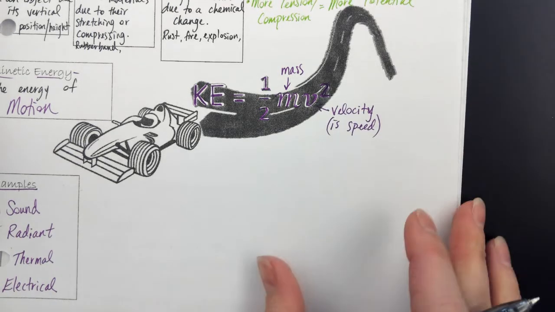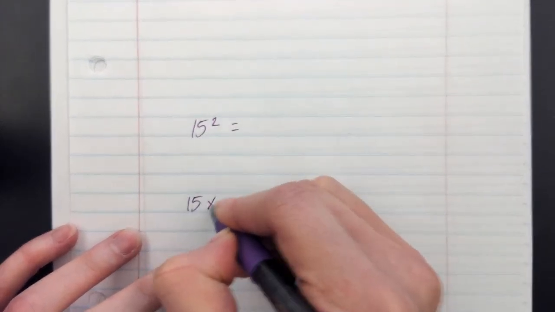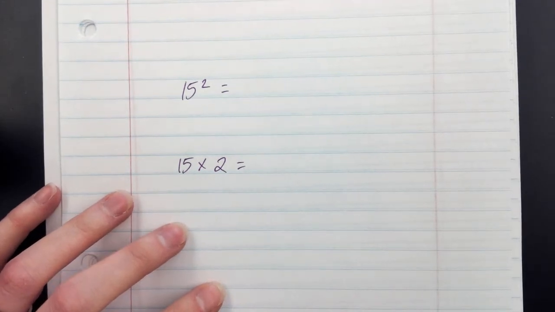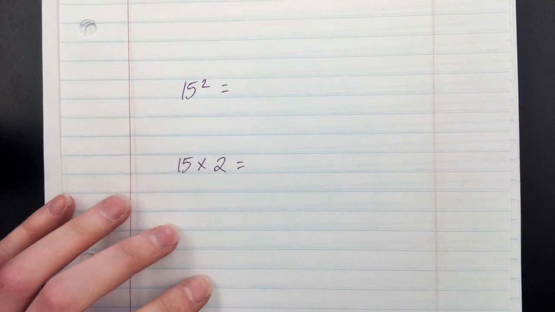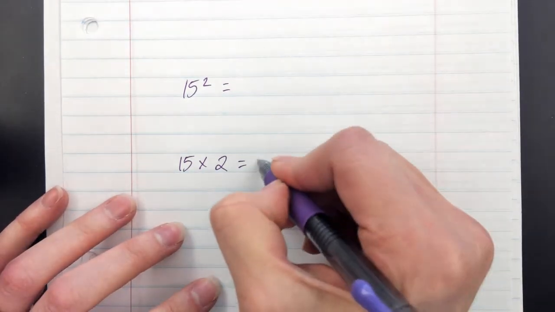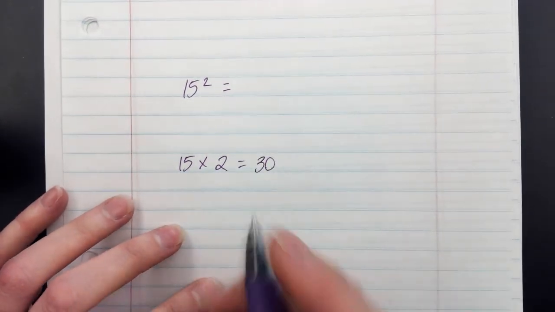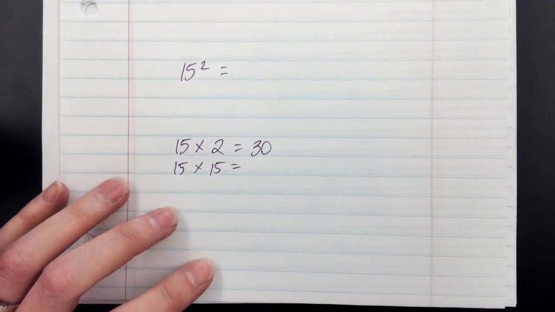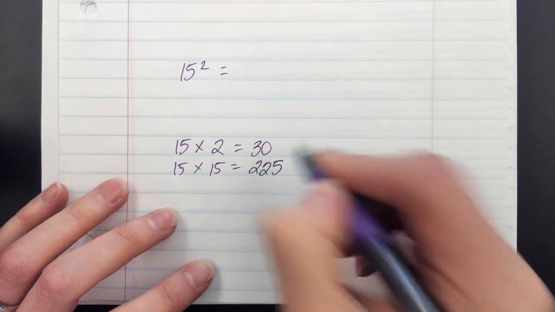Before we ever start, let me show you something. You have your little calculator? I want you to type in 15 times 2 equals. Now I want you to type in 15 times 15. What did you get? 225.